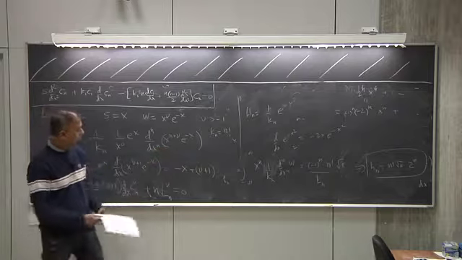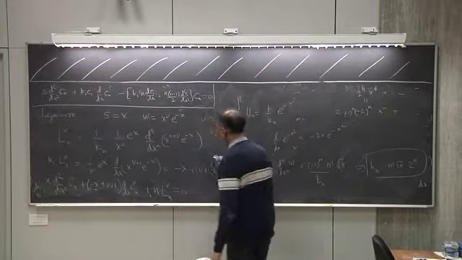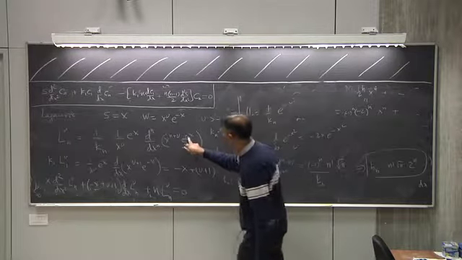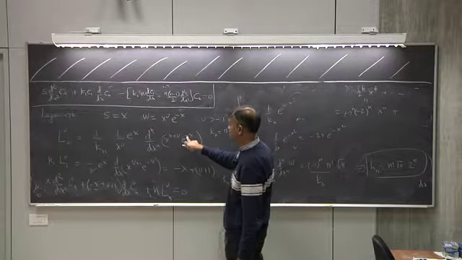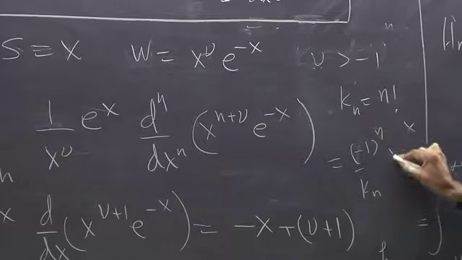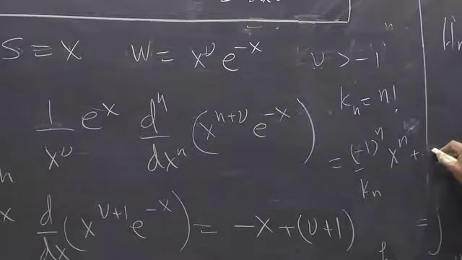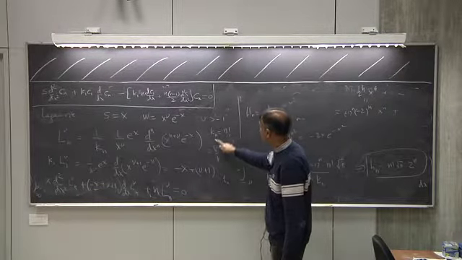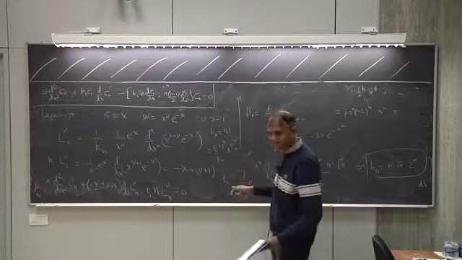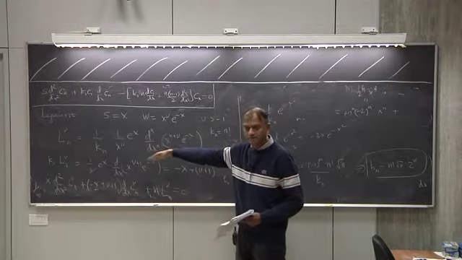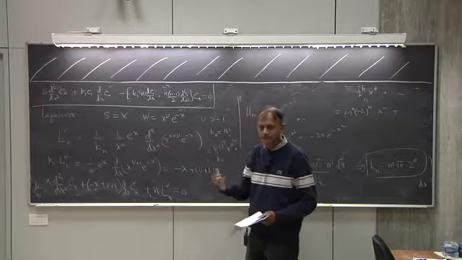So the coefficient of x to the n is simply 1 over kn, and every time the derivative acts here you get a minus sign, so you get minus 1 to the n times x to the n plus the lower terms. So little kn is that. By staring at it, you can start getting all the relevant information from this.